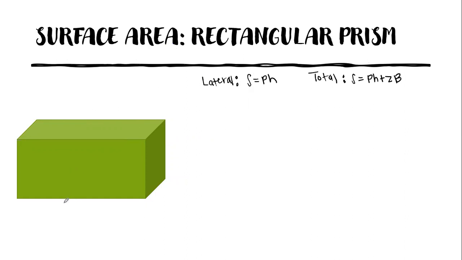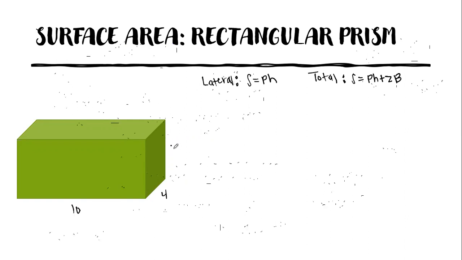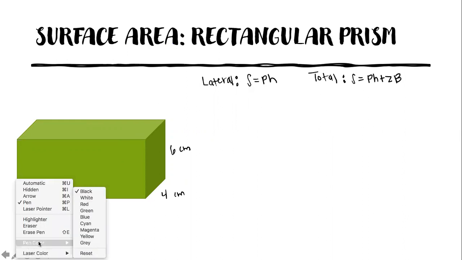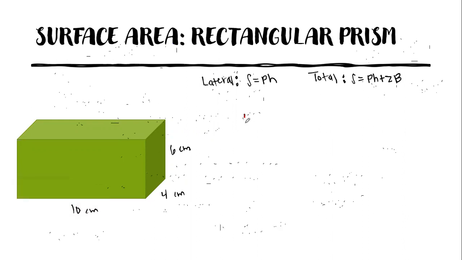Beautiful. Let me go ahead and write numbers in here. So let's say this is 10, let's say this is 4, and this is 6. We'll just keep with centimeters. So capital P, just like everyone said, stands for the perimeter of the base.